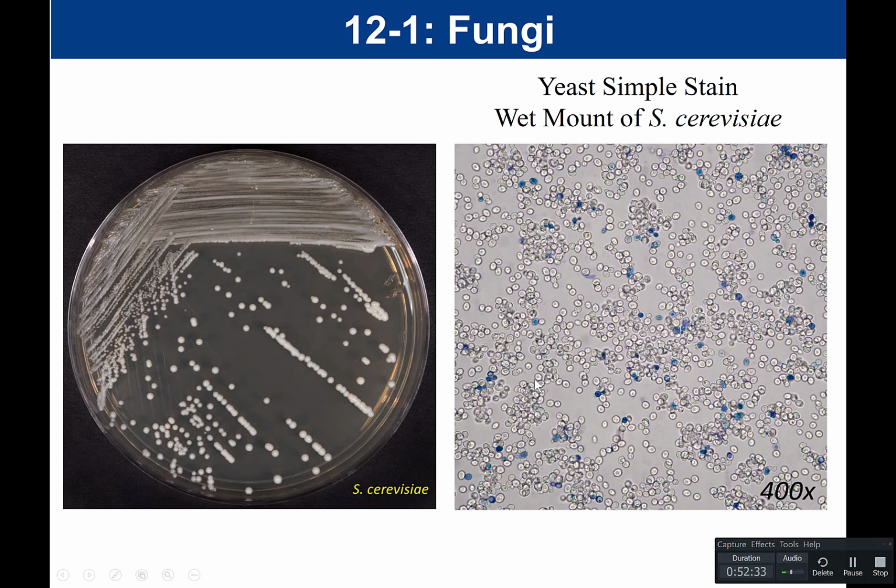You want to know that if you were to look under the microscope and see something like this, this is going to be the yeast, not the mold. And again, when Saccharomyces cerevisiae is growing on a plate, it's going to have an appearance that resembles bacteria. It's very smooth and it looks like bacteria as opposed to molds, which are more fuzzy.